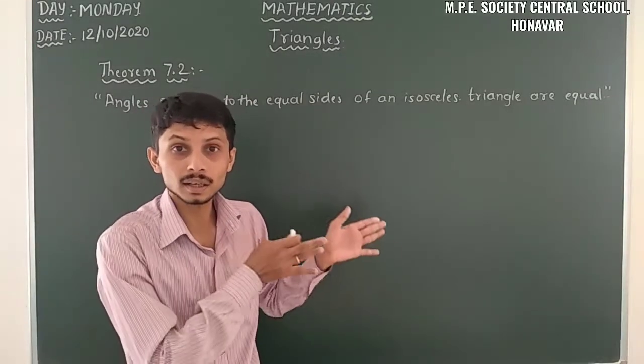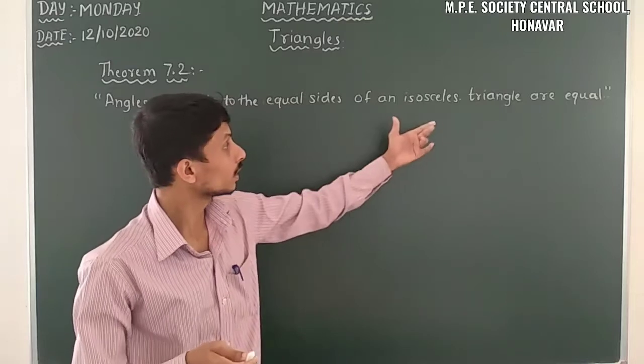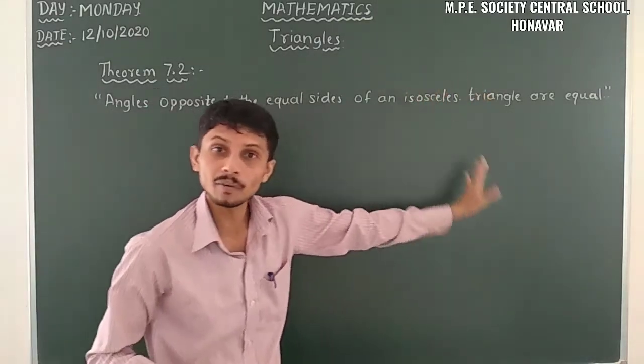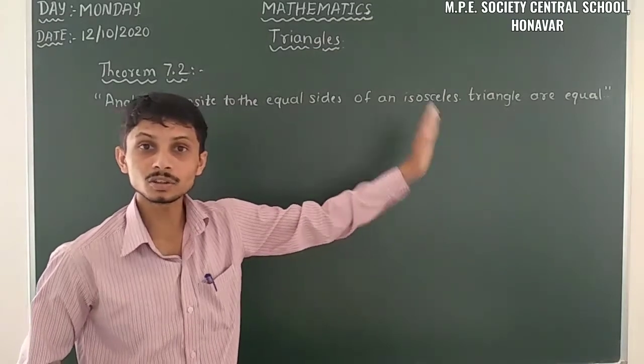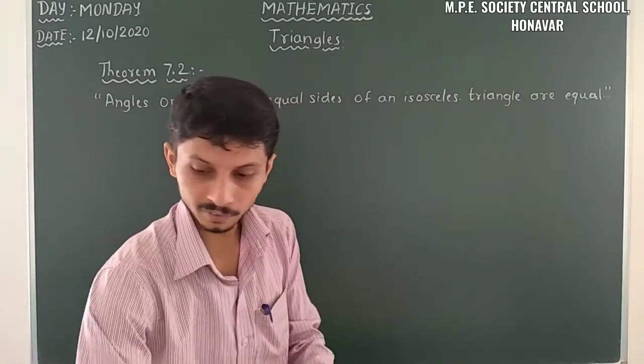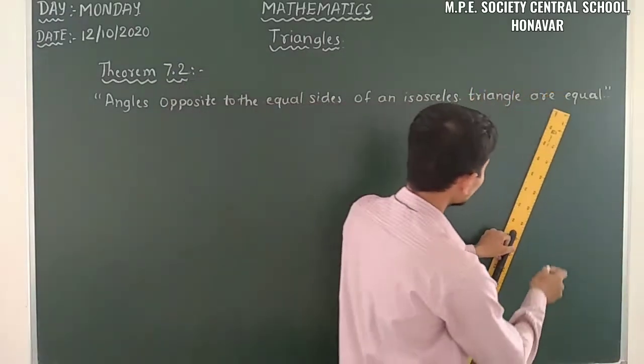Firstly it needs a diagram here, so it clearly shows the isosceles triangle. It is better to draw the isosceles triangle first.